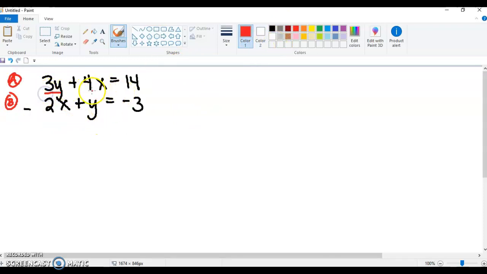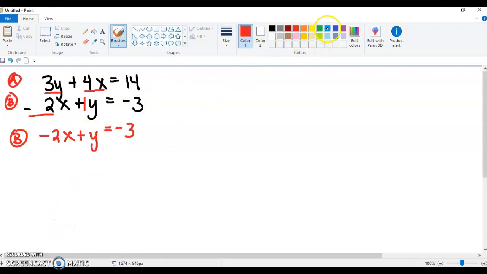Right here I've got 3y, 4x, negative 2x, and 1y. Well, y has a 1 in front of it. So in equation B, I want to get y by itself. So I'm going to rewrite this: negative 2x plus y equals negative 3.